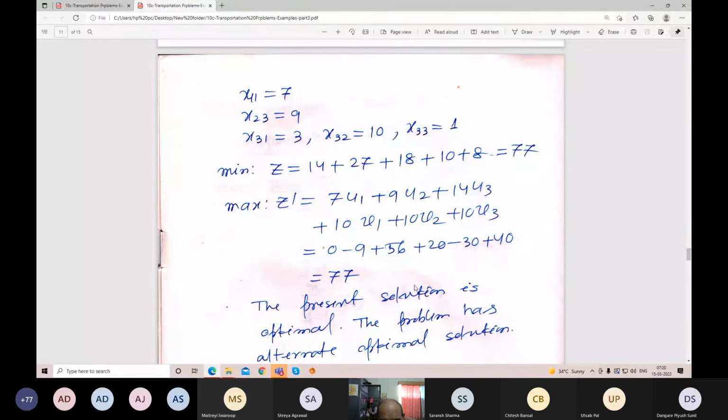After finding the multipliers, you will check all the non-allocated cells using the duality theory, whether it is fulfilled or not. What is the fulfillment? Ui plus Vj has to be less than or equal to Cij.